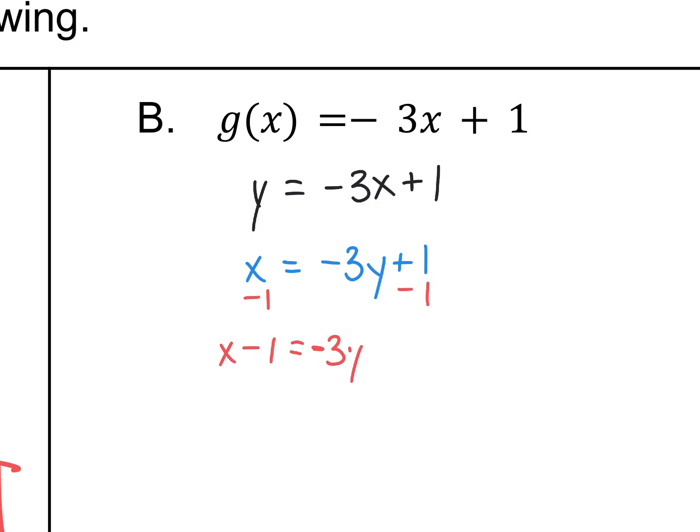Okay. From here now, what do I do? Divide by -3, okay? So this can be written 2 different ways. It could be written like this. And that's okay. Technically, we don't like to leave negatives in the bottom of a fraction. We typically see them on top.